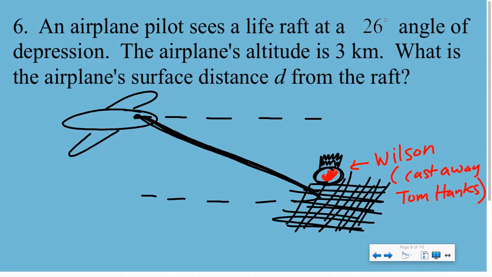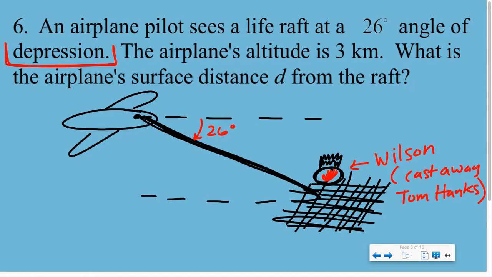I don't know which one I'm going to use to create a triangle, but I like to put them both in. It says the pilot sees this raft at a 26-degree angle of depression. Depression: above a horizontal or below? Below. So then I need to put that 26 degrees right there, below the horizontal line.